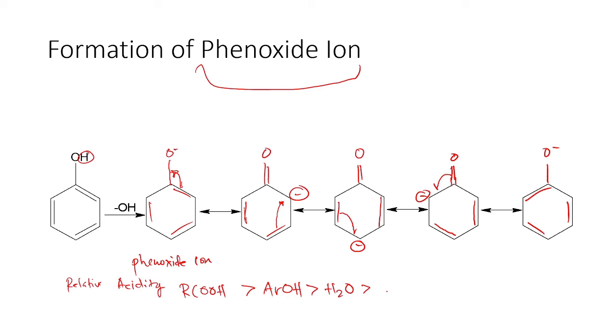Next dyan ay sa ating acidity ay yung ating ROH or yung ating alcohol. Then we have there our alkyne, wherein we have there our terminal alkyne to be specific. And next dyan, syempre ito ay hindi na acidic, yung ating ammonia, and also our RH or yung ating mga alkenes. So that is the relative acidities of phenoxide.